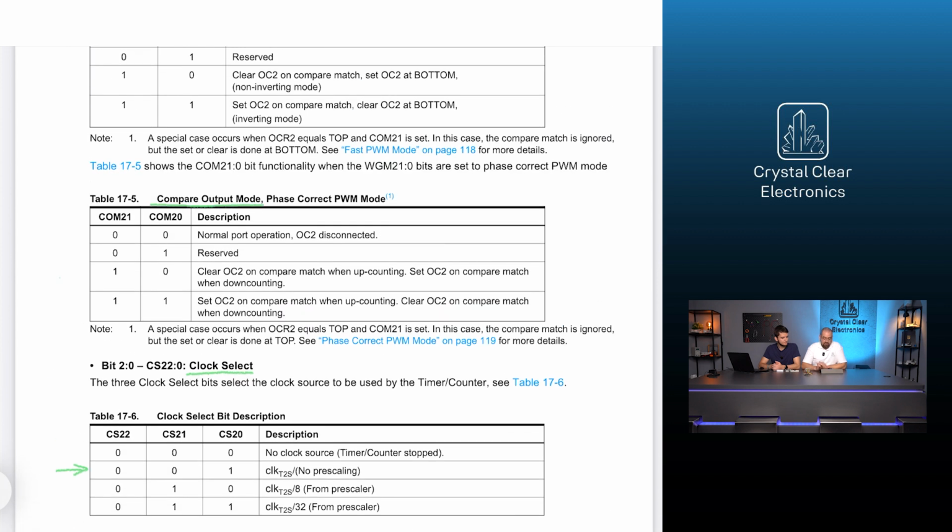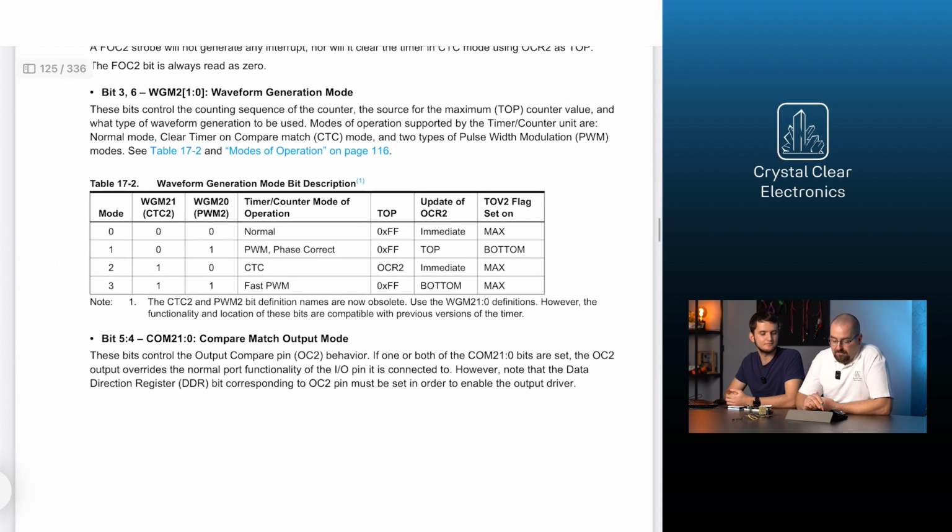The COM, or comparator output mode, bits are used to set the OC2 output to 0 when the counter is higher than the OCR2 register. Finally, the WGM bits are used to set the peripheral to phase correct PWM mode, which means that the counter value will change in a triangular pattern.